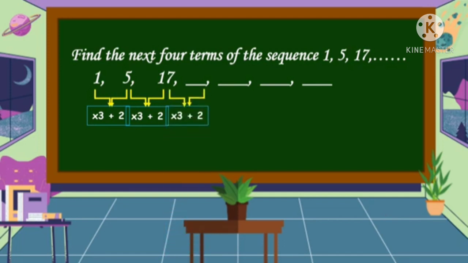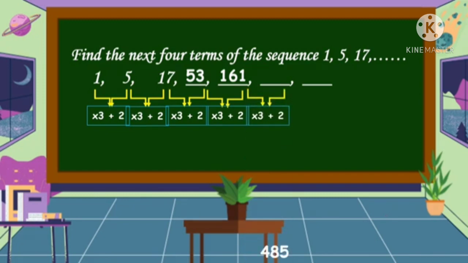17 times 3 is equal to 51 plus 2 is equal to 53. 53 times 3 is equal to 159 plus 2 is equal to 161. 161 times 3 is equal to 483 plus 2 is equal to 485. 485 times 3 is equal to 1,455 plus 2 is equal to 1,457.